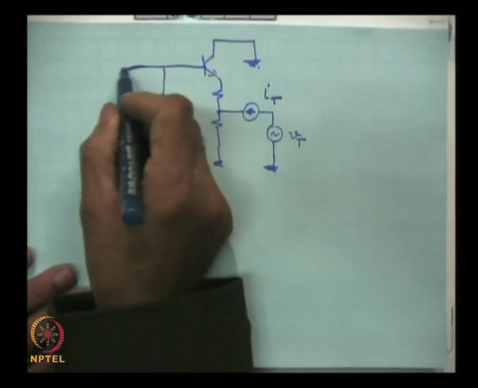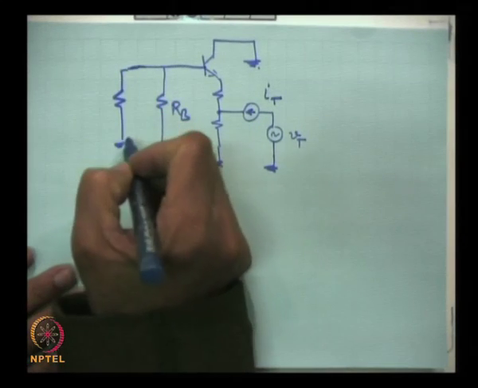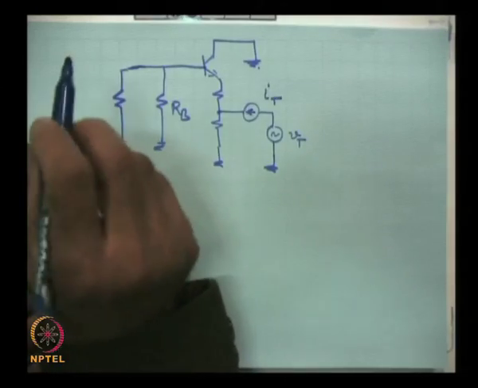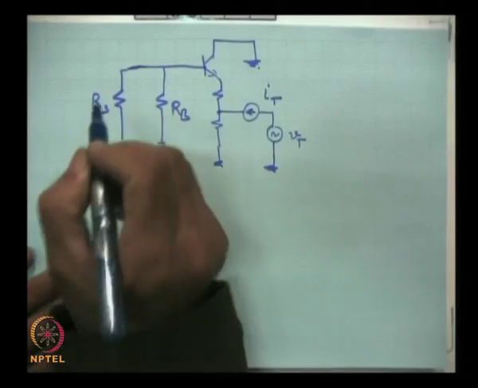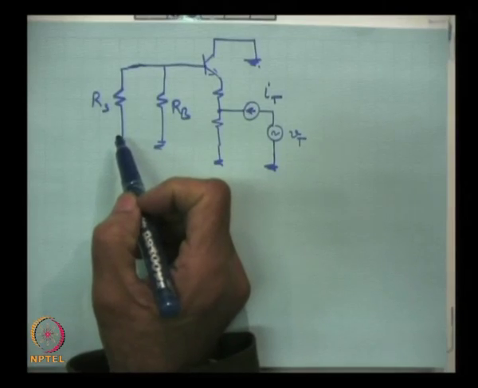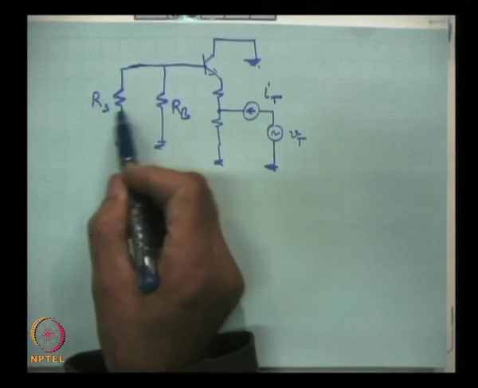And here the input signal Vs has to be reduced to 0, but still its resistance will be in the circuit. You may be a little surprised that once we are saying that the input signal has to be reduced to 0, then why we should put this Rs.